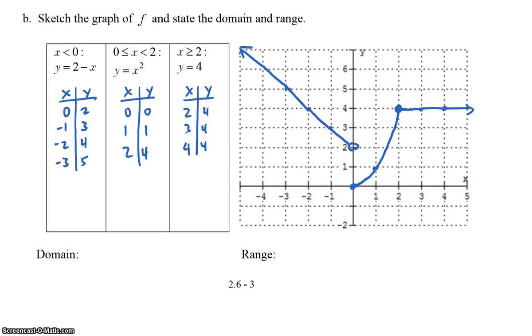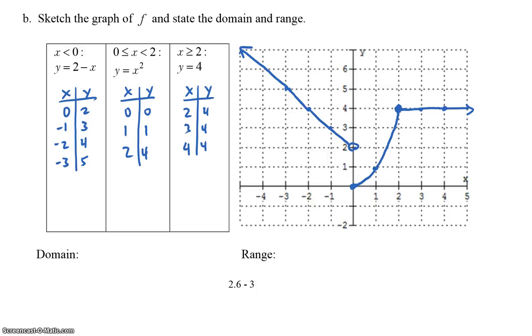Notice how the graph will, as a whole, pass the vertical line test. For every value of x in the domain, there's only one value of y associated with a given x. So you want to make sure that the graph as a whole passes the vertical line test.